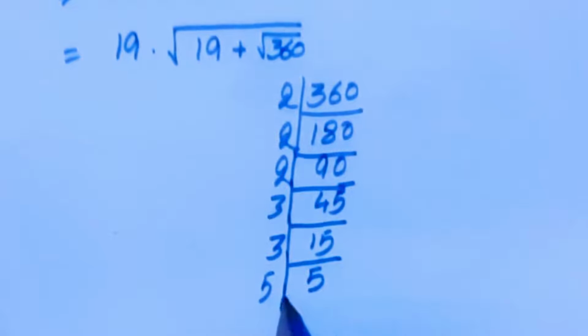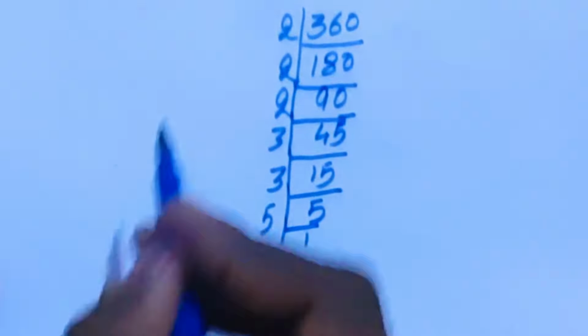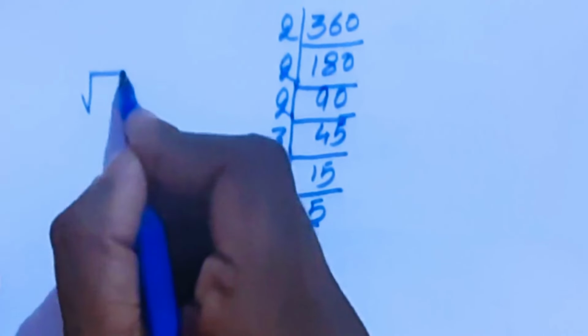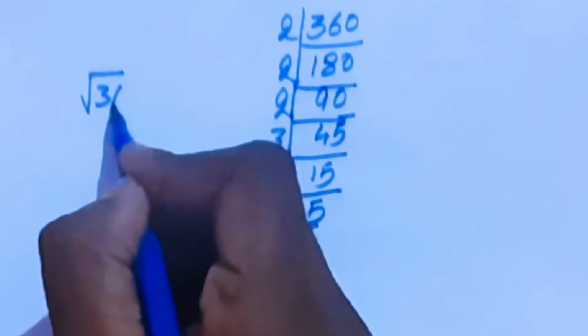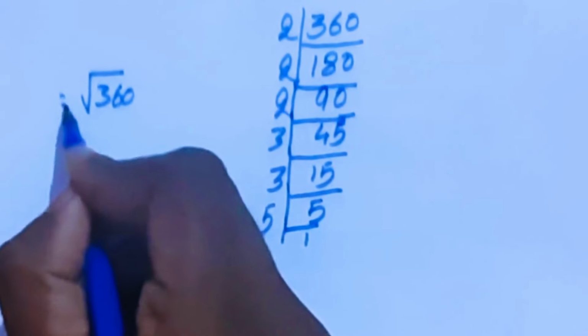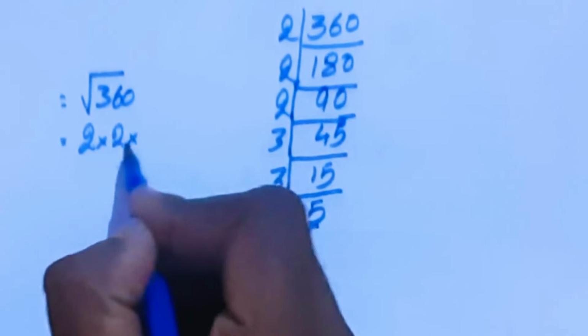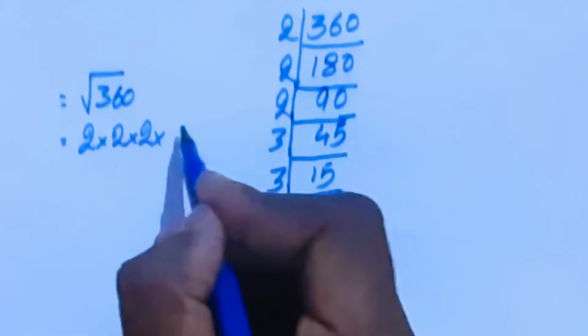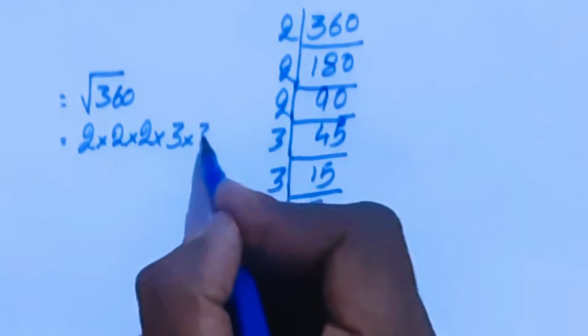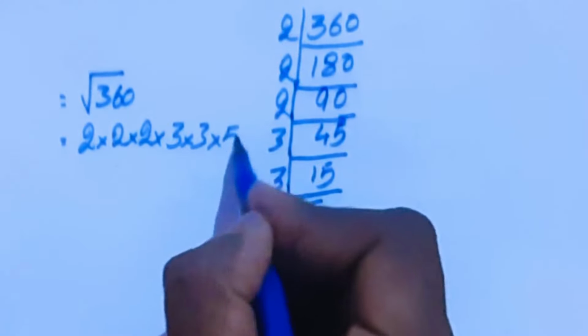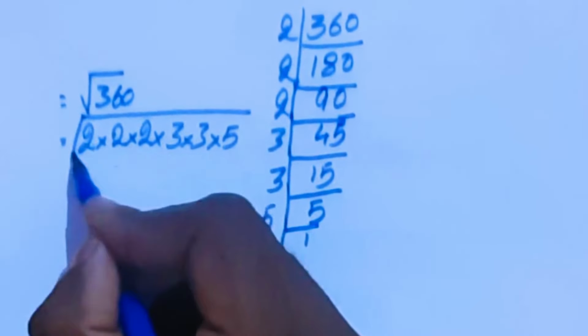So this square root of 360 can be written as 2 times 2 times 2 times 3 times 3 times 5 in whole square root.